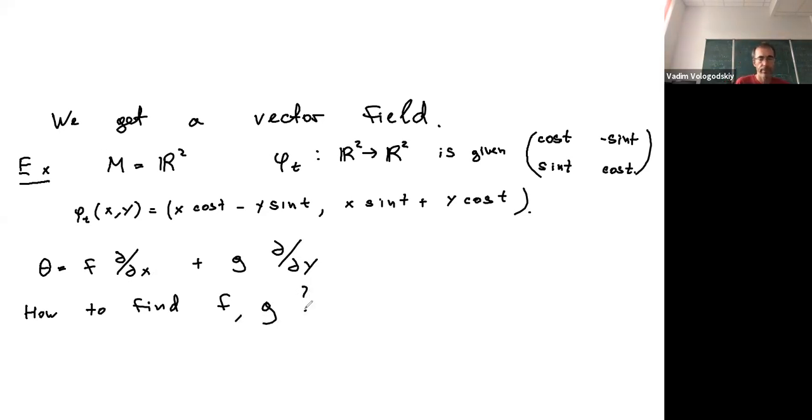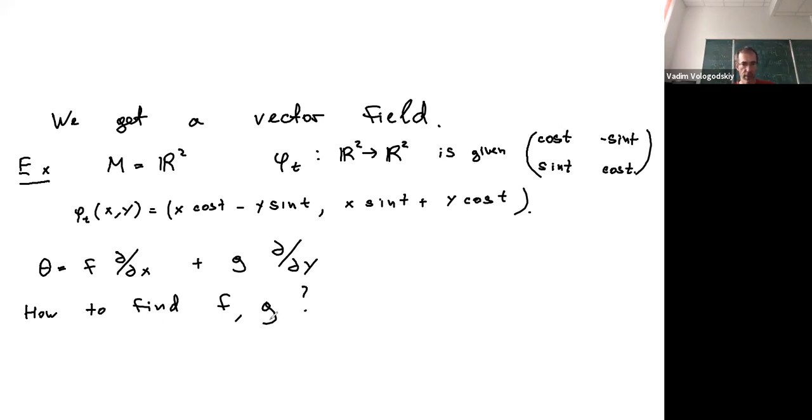Well, our definition of the vector field corresponding to a one-parameter family of diffeomorphisms. The fact that it's a one-parameter family just follows from the fact that if you consider rotation through angle t and then through angle s, it's the same as rotation through angle t plus s. Or it corresponds to the usual formulas for sine and cosine of the sum of two angles.